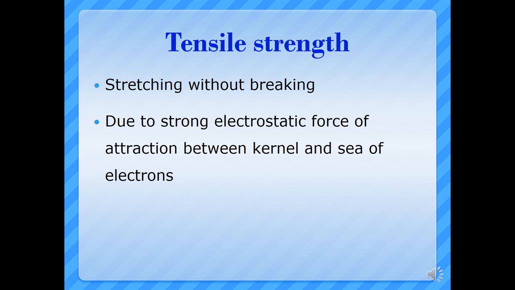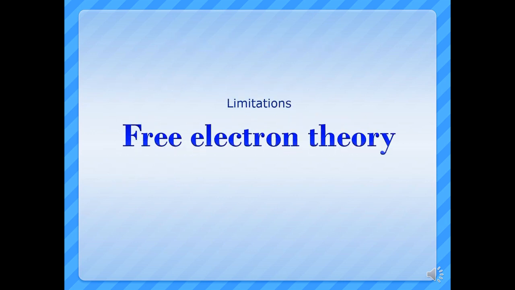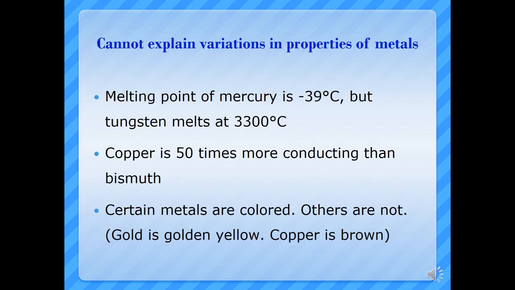But even though free electron theory can explain many properties of metals, there are limitations for this theory, because the model cannot explain the variations in properties of metals, as all metals do not behave equally. We will give you some examples.